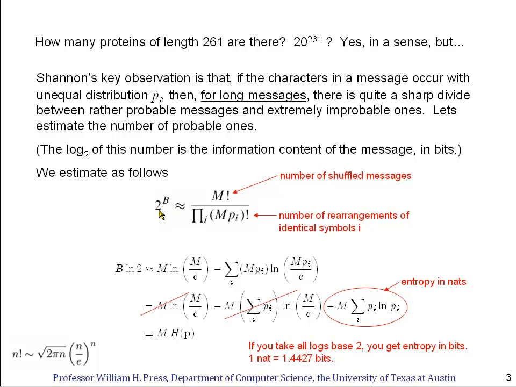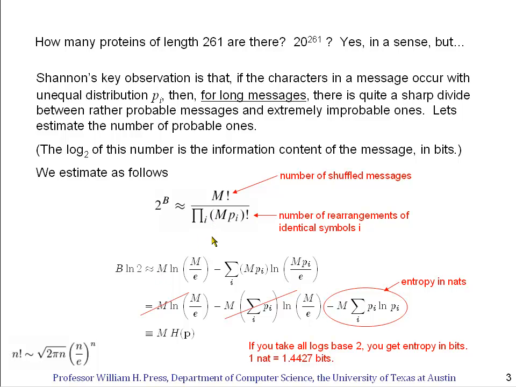So take the log of this side and we get b log 2. Take the log of the numerator, and looking down at Stirling's approximation, we get m log m over e. Here it is right here. And then we would add the log of this square root of 2 pi n. But that's only the log of n, or I should say up here it would be the log of m. And that's completely lost compared with something that scales linearly as m, so we're going to neglect it.